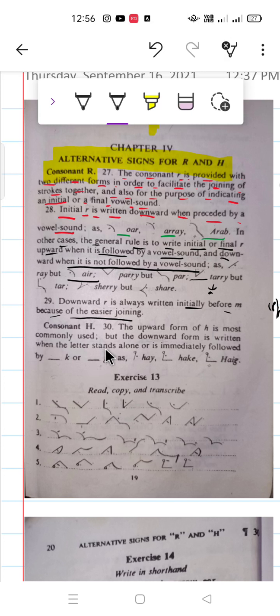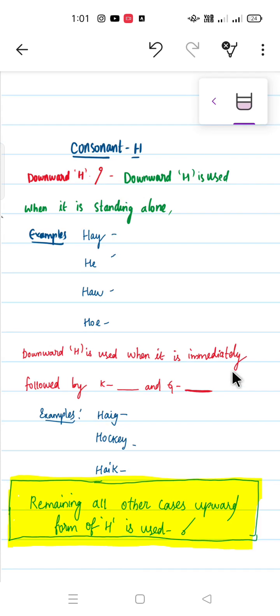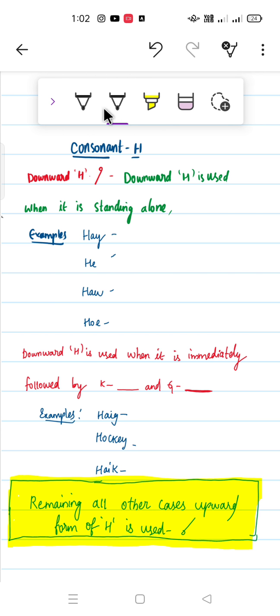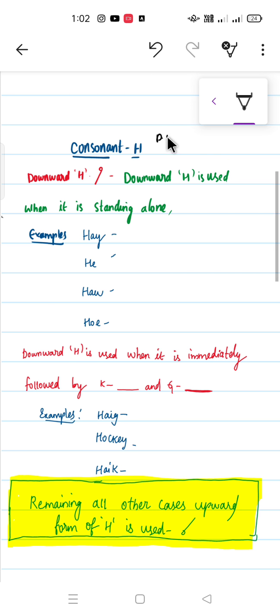Now let us discuss consonant H. We have two types of H. One is downward H and the other one is upward H. Got it? So when to use downward H? Downward H is used when it is standing alone. Am I right? Hey. In this hey, only H is there, after that a vowel.